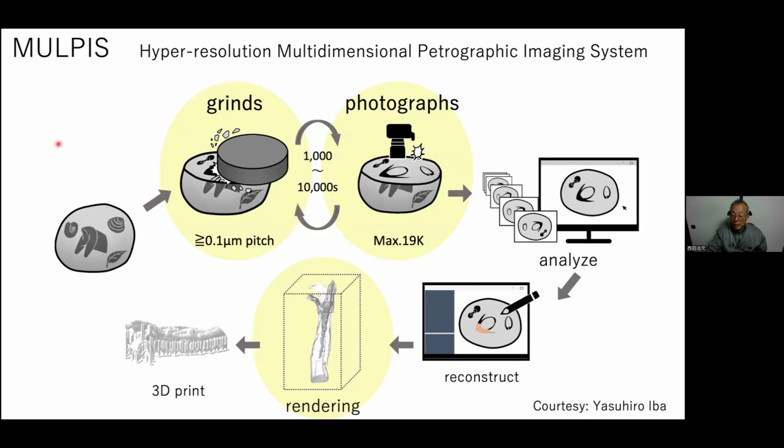And we have been collaborating using this to see the inside of the rocks. And Malpis is a quite simple way. Just cut the rock and then start to grind the section surface automatically at an interval of more than 0.1 micrometers.